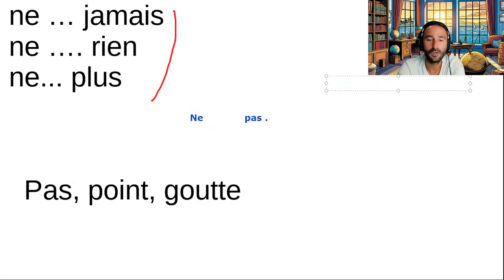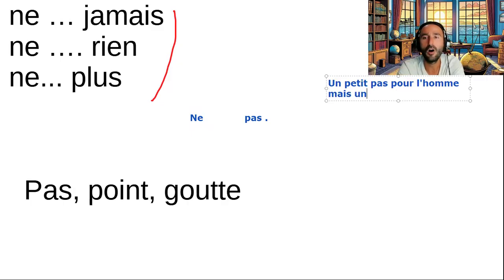Or Armstrong, the guy who went to the moon, he said un petit pas pour l'homme, a little step for man, but a great step for humankind, no? Something like that. Un petit pas pour l'homme, mais un grand pas, a big step, un grand pas pour l'humanité.